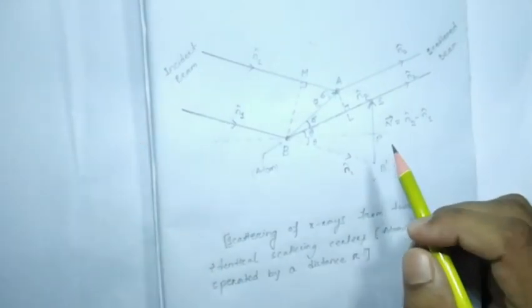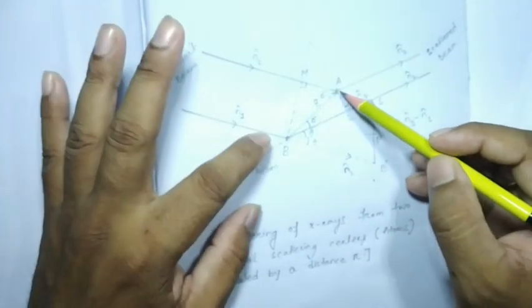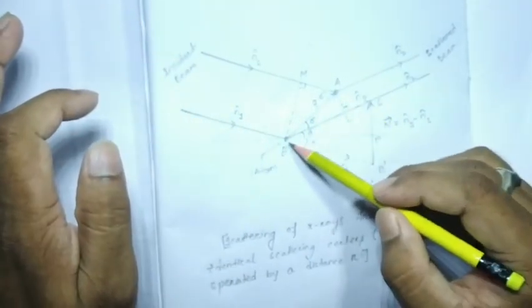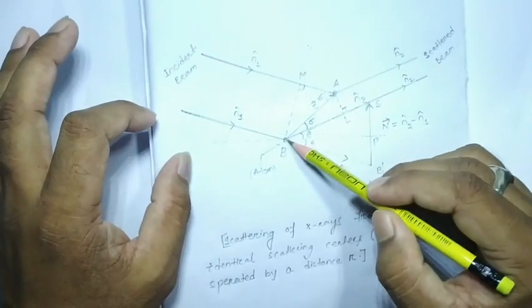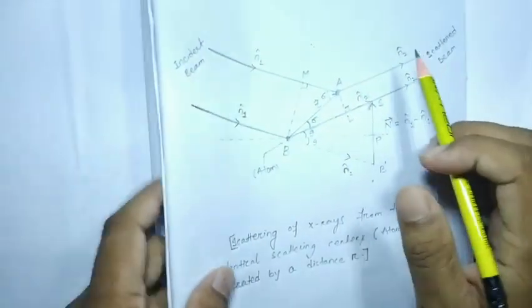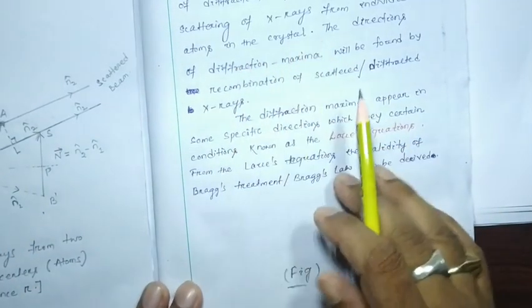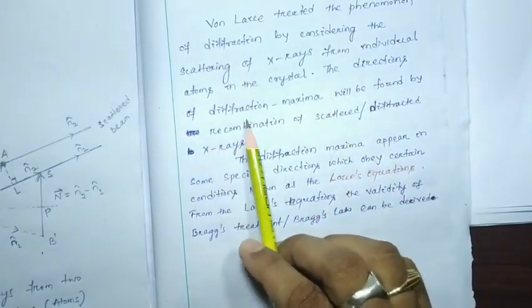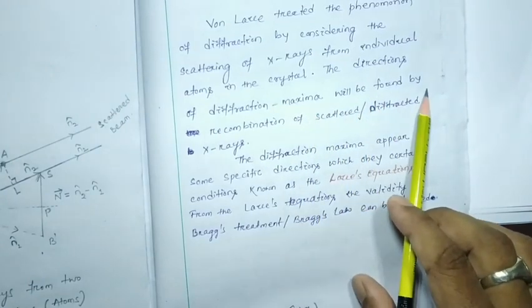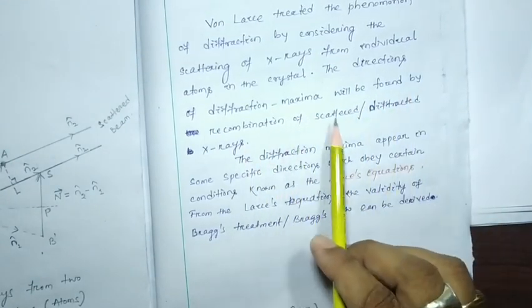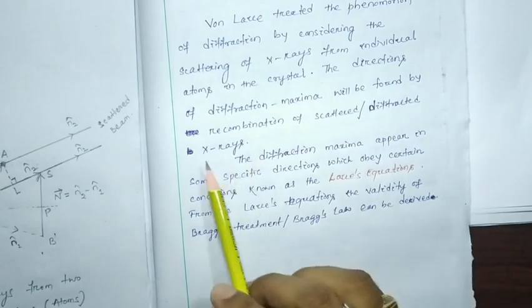Now here, Van Laue considered the two atoms A and B situated at a distance r. Okay, this much I have studied here. The direction of diffraction maxima will be found by recombination of scattered or diffracted X-rays.